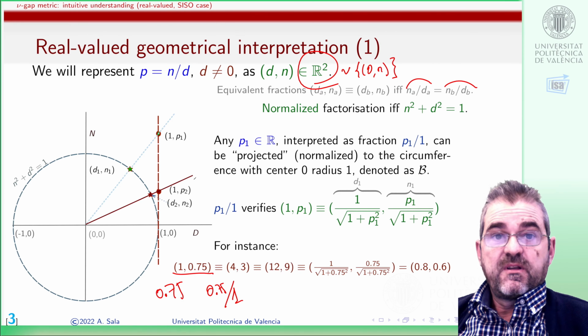Of course, there is a point at the other end that is also normalized. There are two of them because we can have the signs of the square root, but we will map everything on the open right half of the circle.